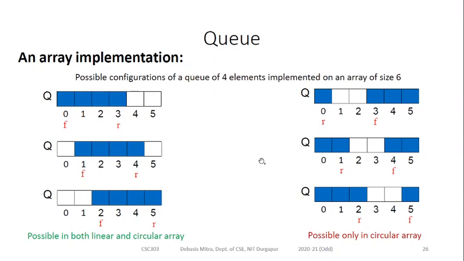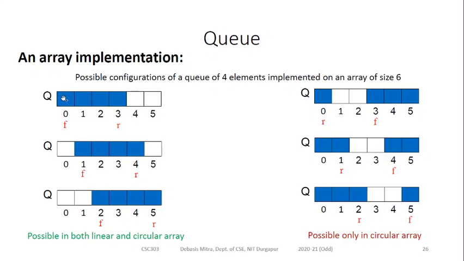In order to get what kind of updation we need, let us look at this. In the linear, primitive implementation which we have seen so far, consider this array of size 6, and currently you have only 4 elements in the queue.